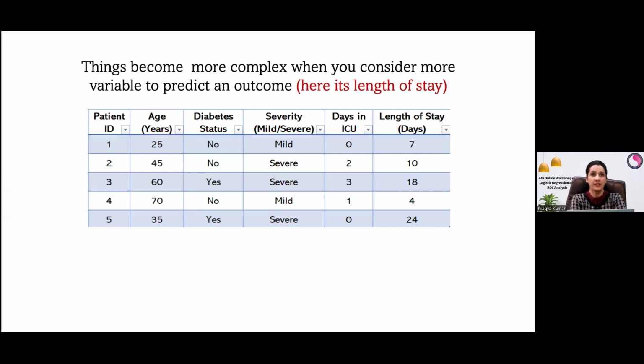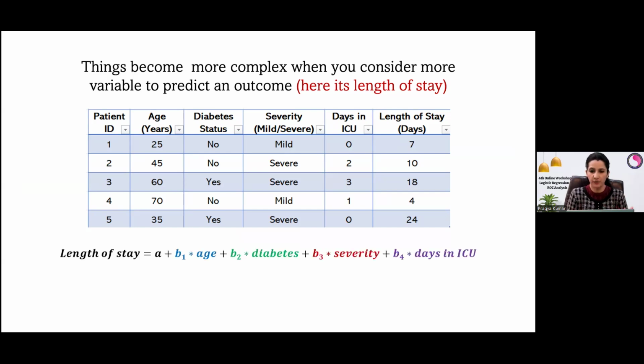Things will become more complicated when we consider other variables. It is not only the age; there will be other comorbid situations like diabetes status, severity of any disease, the length of stay in ICU, and many more.